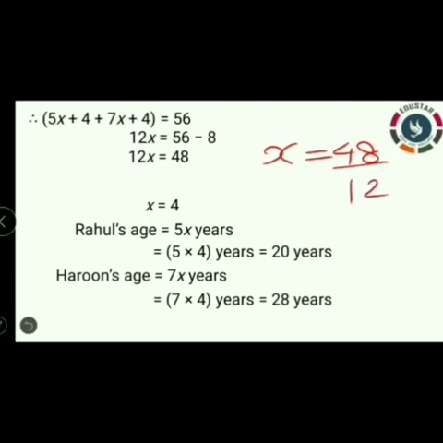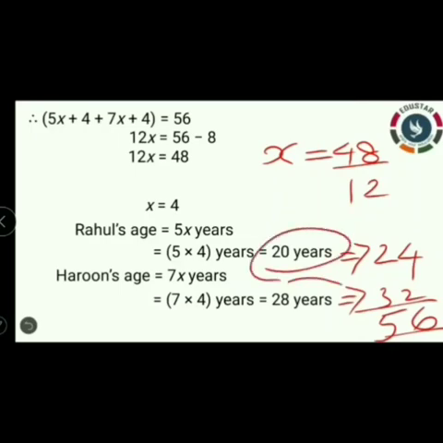Now we are going to verify the answers. After 4 years their ages became 24 and 32. The sum of their ages will be 56. So 4 plus 2 is 6, 2 plus 3 is 5. So Rahul's age is 20 years, Harun's age is 28 years.